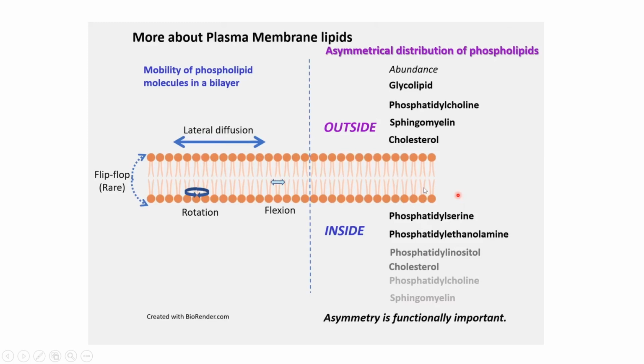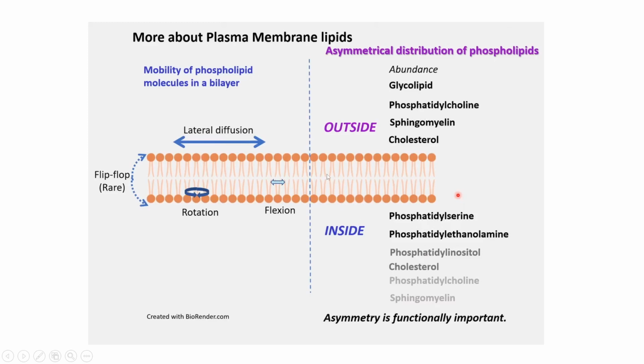For example, if the cell undergoes the apoptotic condition, at that time the phosphatidylserine present inside the cell gets translocated to the outside of the cell membrane, and the phosphatidylcholine and sphingomyelin present outside get translocated to the inside.